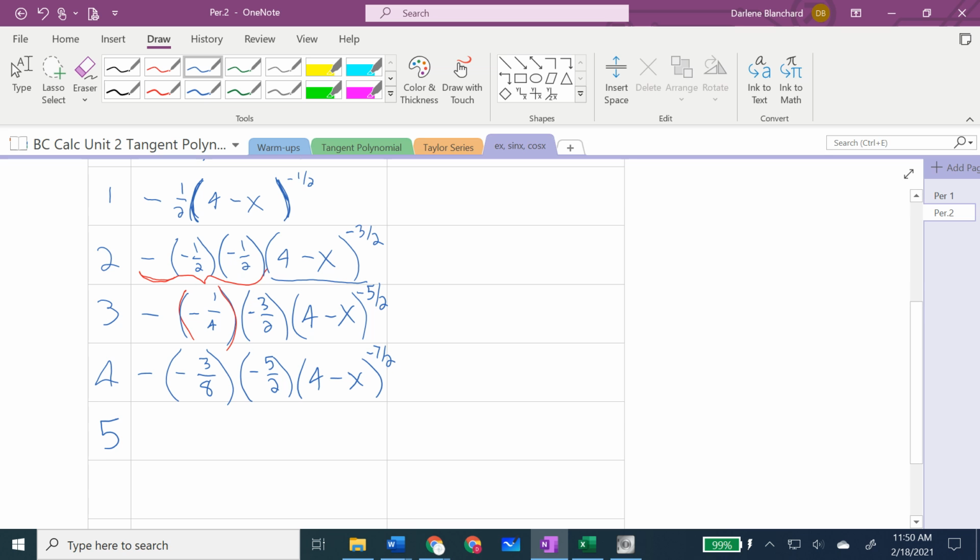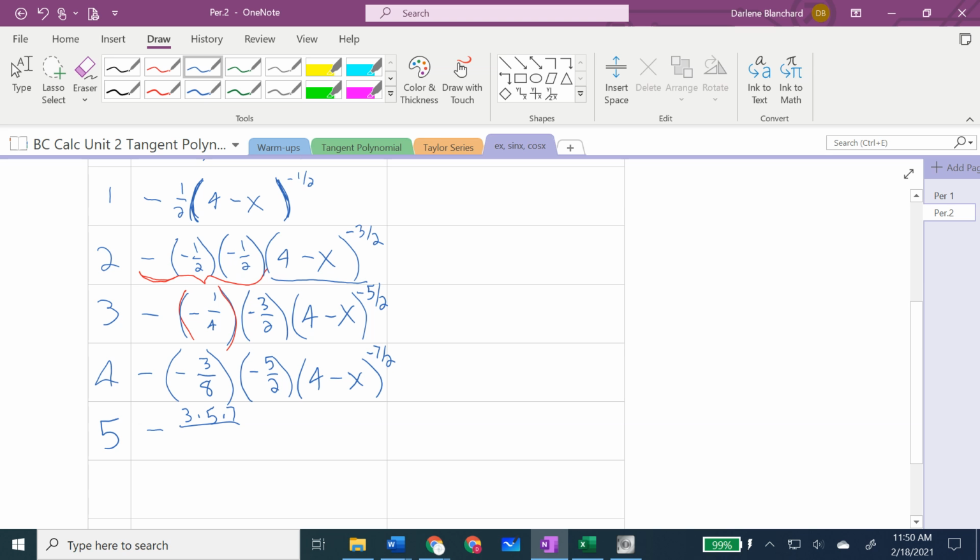If you look at each line, every single time the final simplified answer is negative because you end up with 3 negatives. And then in the fourth derivative, you have in the numerator 3 times 5, and you're about to get a times 7.